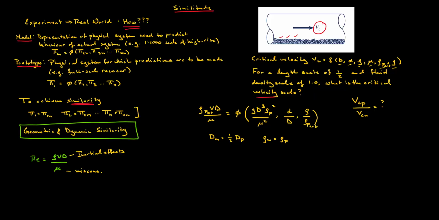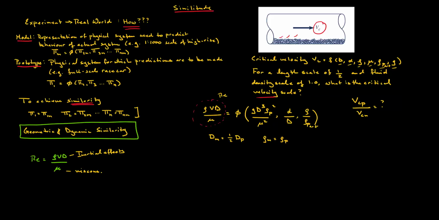So what we need to do is enforce dynamic similarity. Okay. So for dynamic similarity, hopefully what you can see is that this is some form of Reynolds number, right? Sorry, this is just the Reynolds number, not the Reynolds number of the particle. My apologies. So this should just be rho over here. So we have rho VD over mu, that's our Reynolds number here.